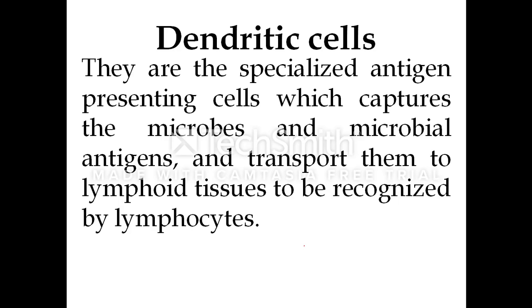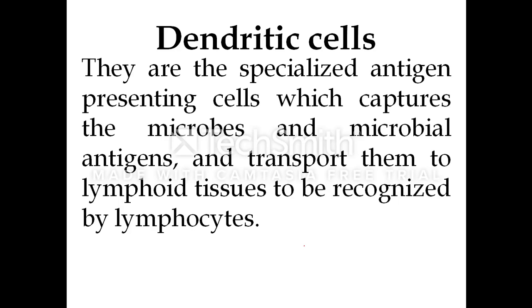The granules of the eosinophils contain basic proteins which bind to acidic dye, that is eosin. Next is the dendritic cell. These dendritic cells are specialized antigen presenting cells which capture the microbes and microbial antigen, process it and transport them to the lymphoid tissues to be recognized by lymphocytes.